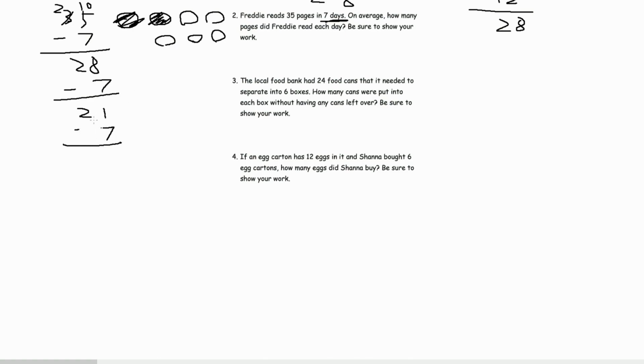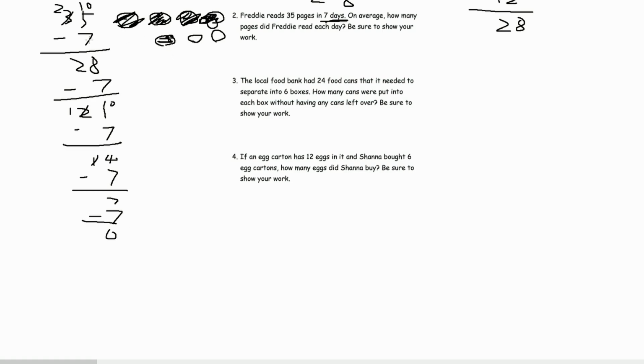Minus 7 again, borrow 10, 3, 4, that's 4. That's another day. Minus 7 again. Let's borrow that. That's 7. That's another day. And then 7 minus 7 is 0. We finally got to 0.